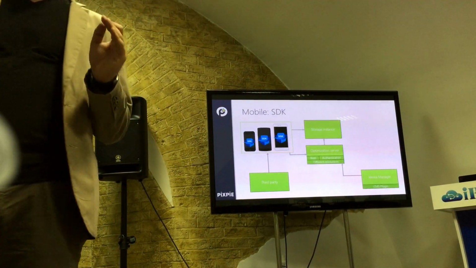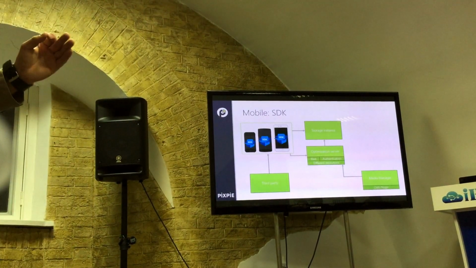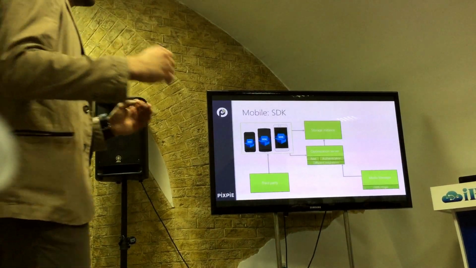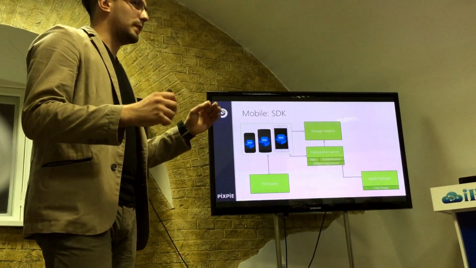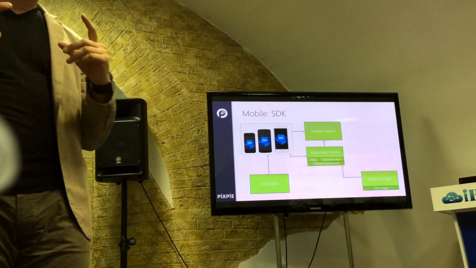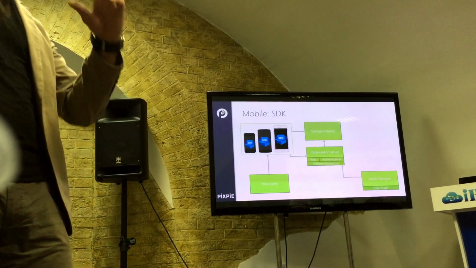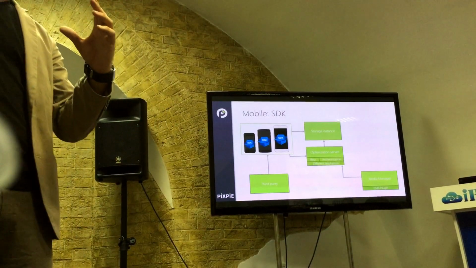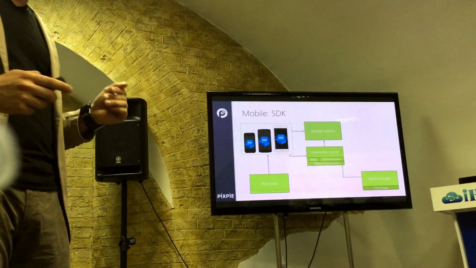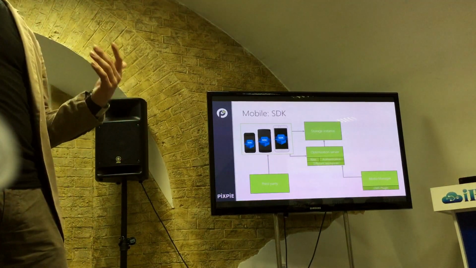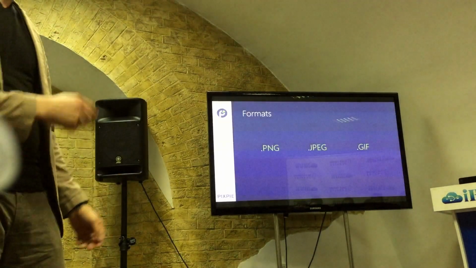I'm not sure that we should really deliver the good quality of image in this case. We can provide the user with a bad quality of image, and in this way reduce the traffic consumption. So your user will have this image without any delays.